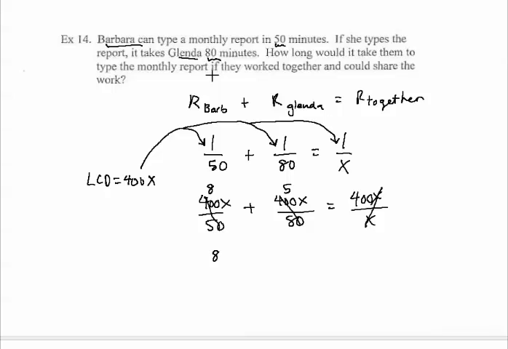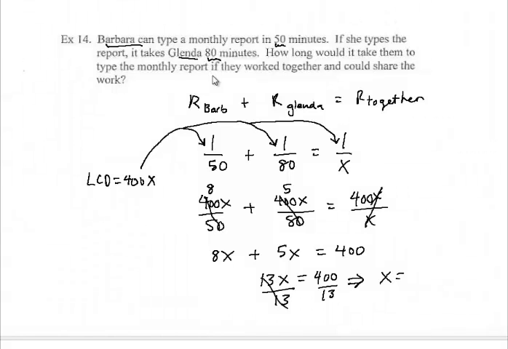So our equation simplifies to 8x plus 5x equals 400. 8 plus 5 is 13. Then to solve for x, we divide by 13 on both sides.